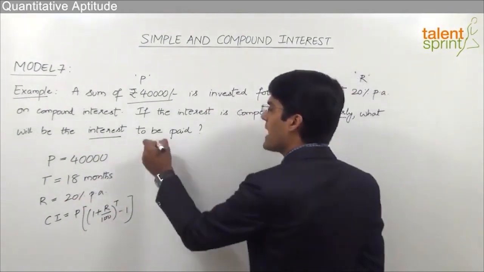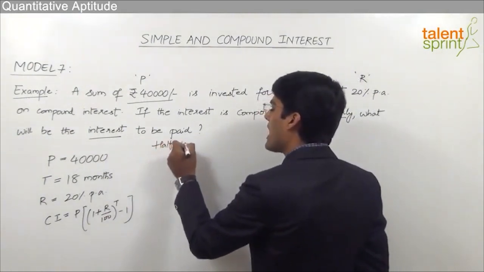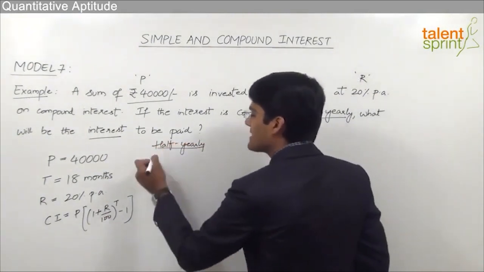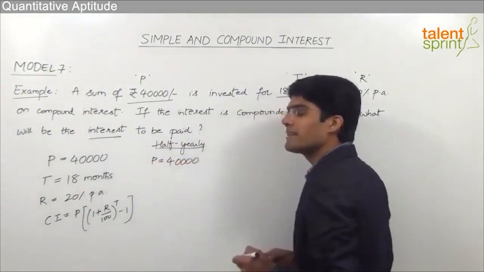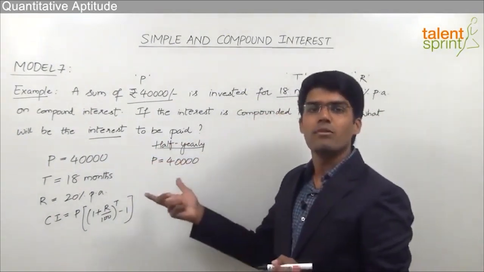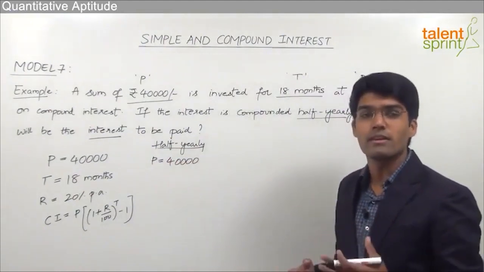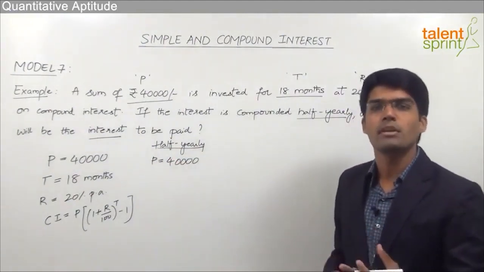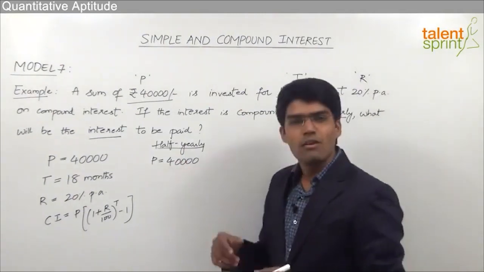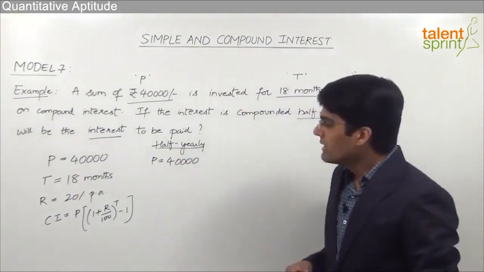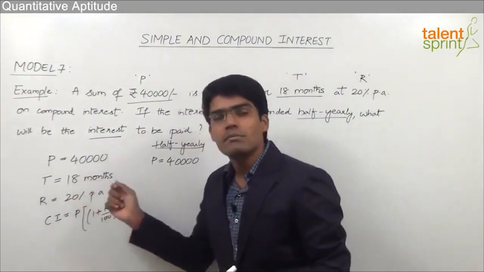So let us first understand what would be the values for half yearly compounding. As discussed earlier, the principal will not get affected due to different types of compounding. It is only the amount that has been borrowed. So it is nowhere related to whether we do half yearly compounding or quarterly compounding or yearly compounding. So the principal should be 40,000 as it is. The given time period is 18 months.